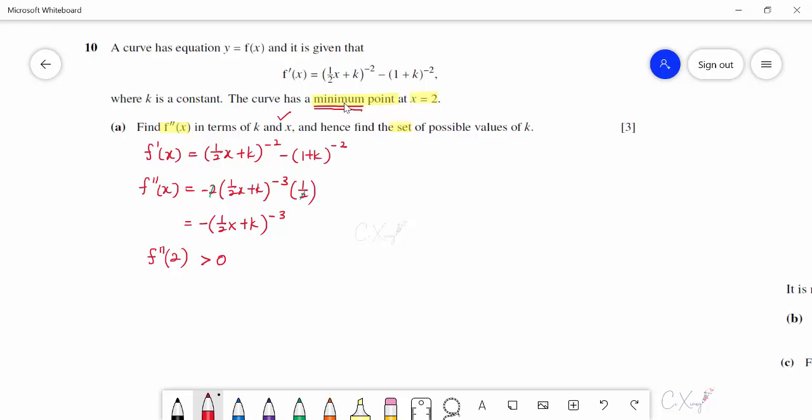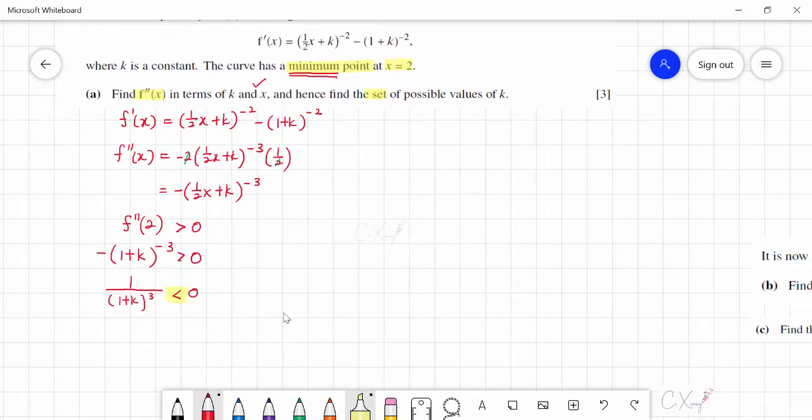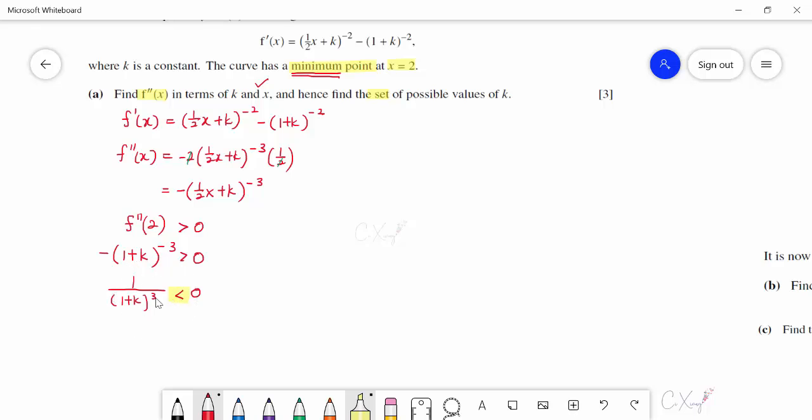So I will substitute the value here. Then I will have negative, substituting x equals 2, so you have (1 plus k) power negative 3 greater than 0. And if I move the negative over, I will have it smaller than 0, because when you move a negative value over, or multiply or divide by a negative value, you need to change the inequality sign. So this is what we have here. And what is the value of k?